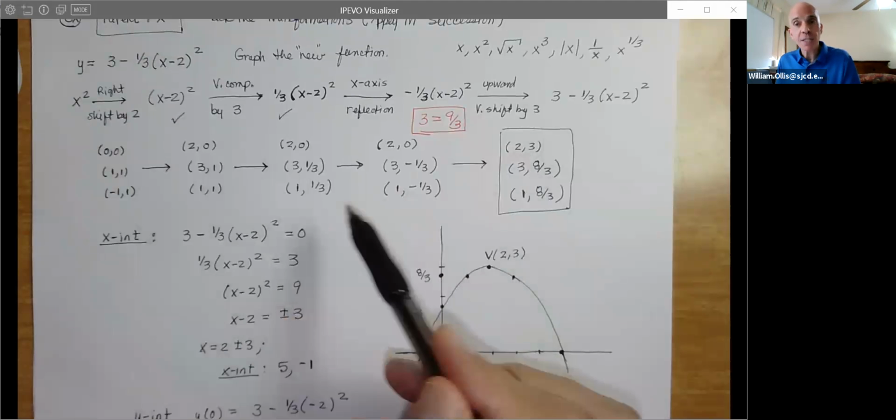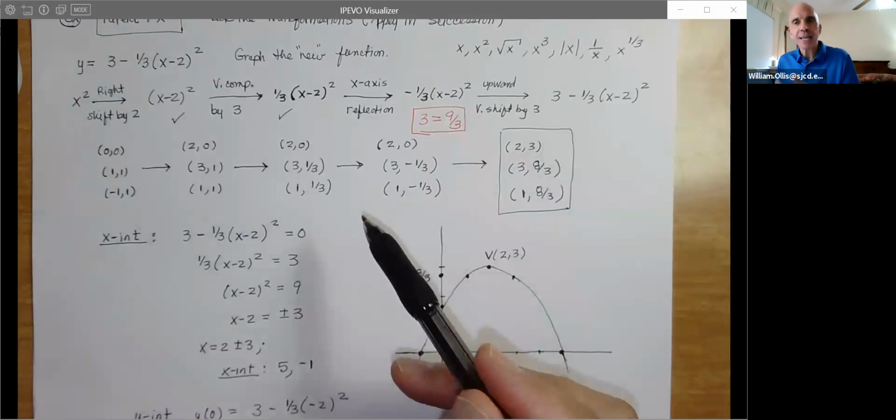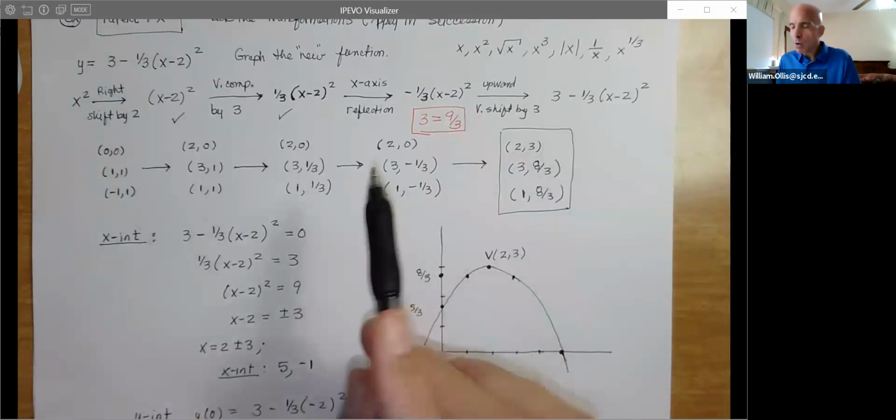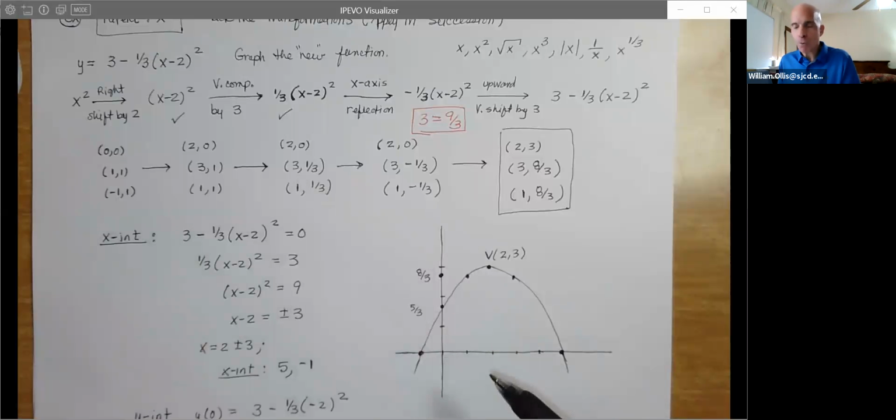We can get some really convenient graphs without having to plot many points, and the points that we have are very useful. What we're going to find with the trigonometric functions is that they're going to be periodic, and so we will only have to graph one period, as opposed to doing lots of work.